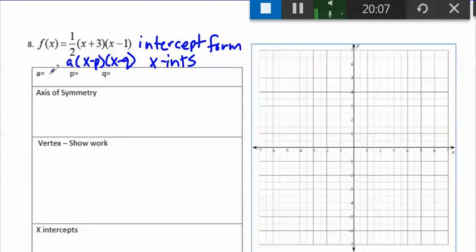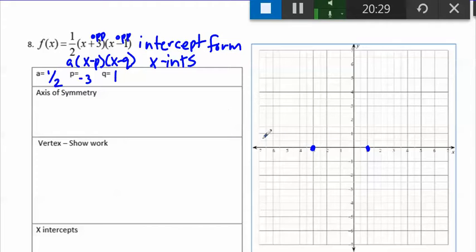So the a value is 1/2. The p value is the opposite of this number, and the q value is the opposite of this number. So the p is -3 and the q is +1. So that means that we have x-intercepts at -3 and at +1.